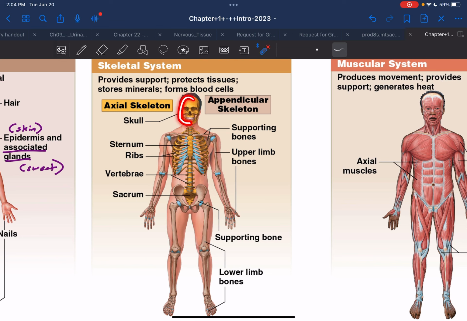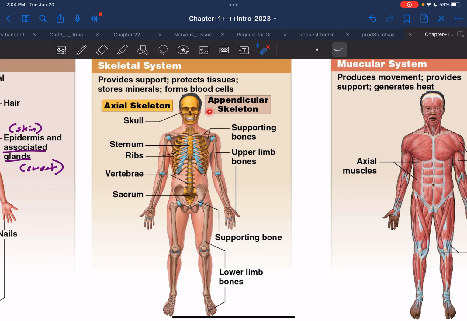It's in yellow because if you're along this longitudinal axis, it's called axial skeleton. So only the skull, the vertebrae, and the rib cage are part of the axial skeleton. The word appendicular is sort of a play off of the word appendages or limbs.